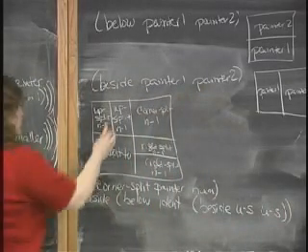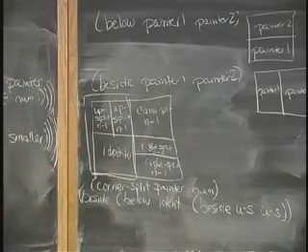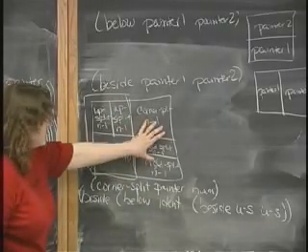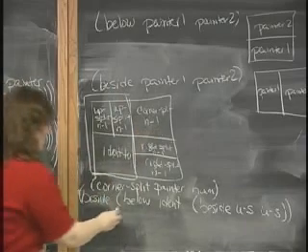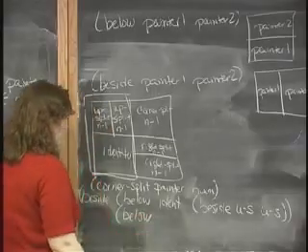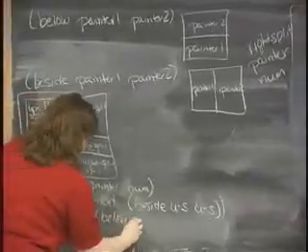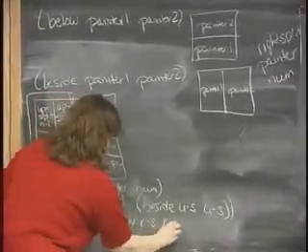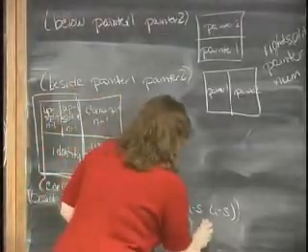Okay, so that takes care of that. So how would we write this one here? Below. Below. And that comes below a recursive call to corner split.